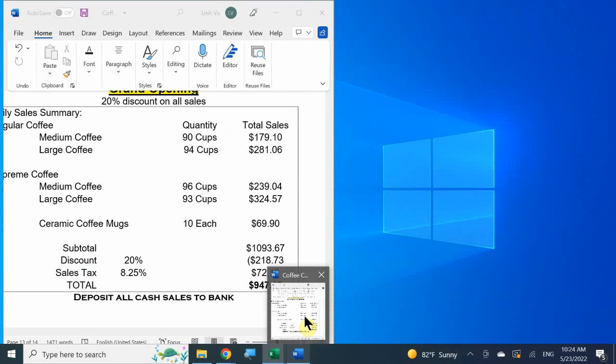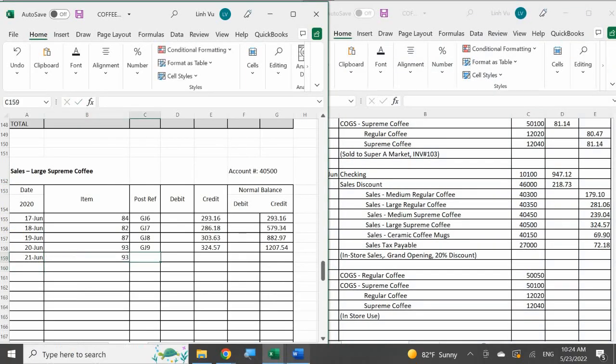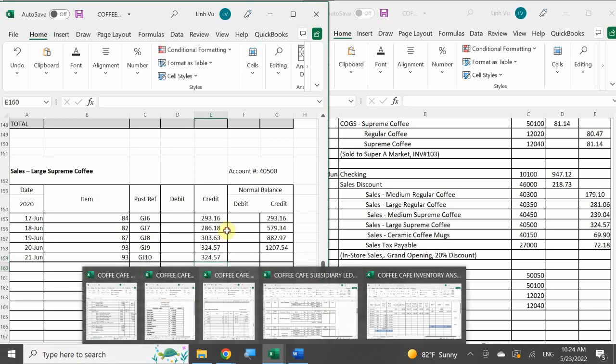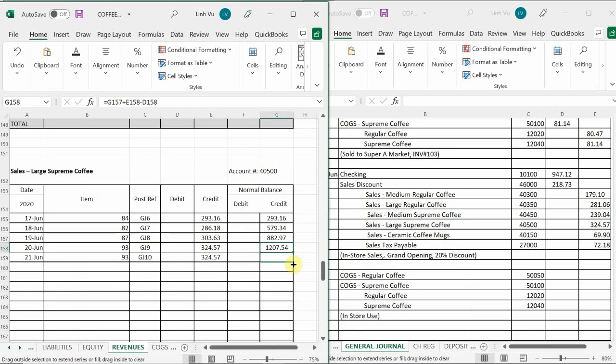We sold 93 with 304.57, add with 1200.7, 12, okay, 304 to 324.57 with 12.7.54.